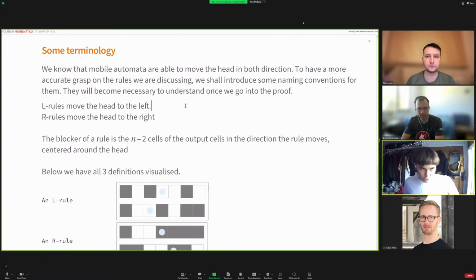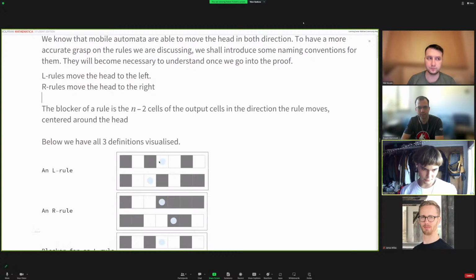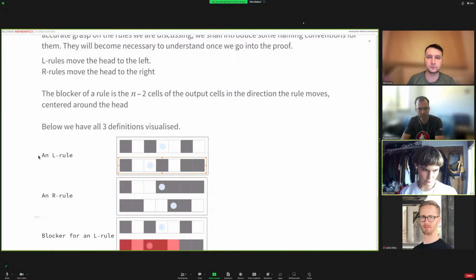Okay, so this is where the proof for reversibility starts, and we'll just come up with a bit of terminology to help us work with this concept. So we have our set of mappings from n cells to n cells, and we're going to come up with two things to begin with, an L rule and an R rule, which are pretty self-explanatory. An L rule will move the head to the left, and an R rule will move the head to the right.